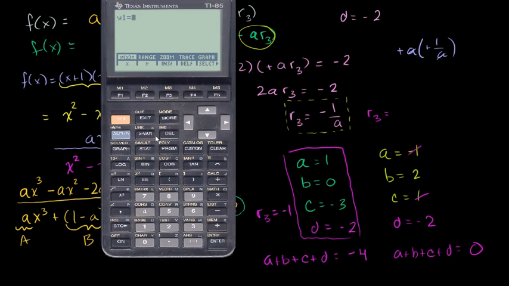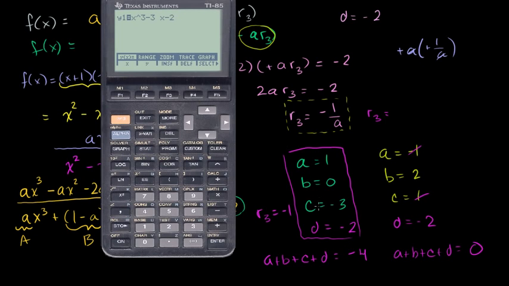When a is equal to 1, our equation is x to the third. There's no x squared term, minus 3x, minus 2. So let's graph both of them simultaneously.